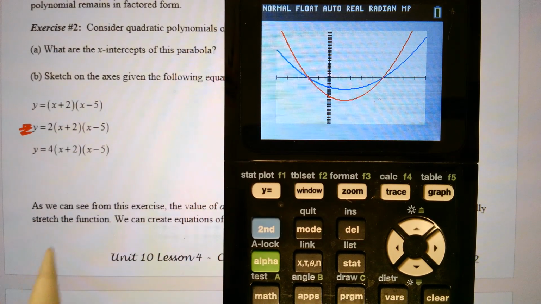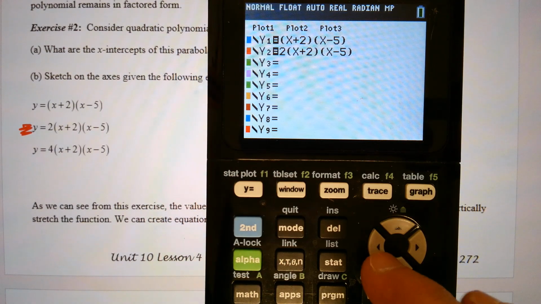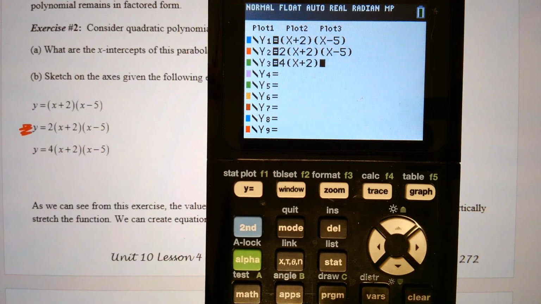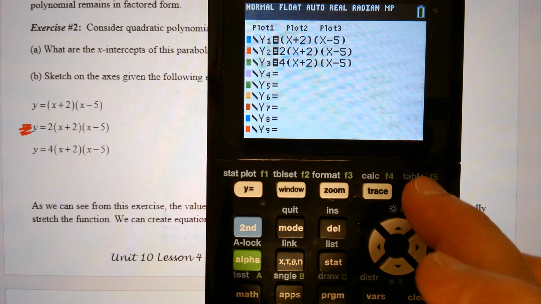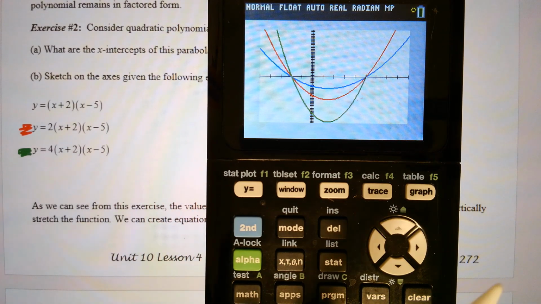It's red, and then the last one, this is in green. It stretches even further.